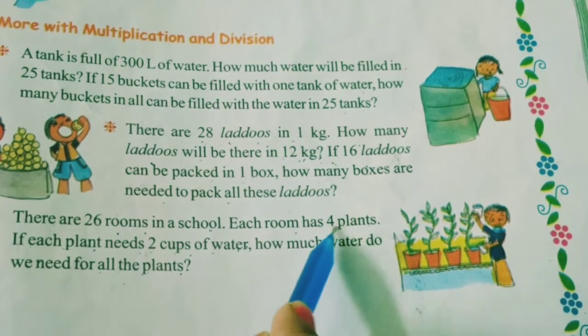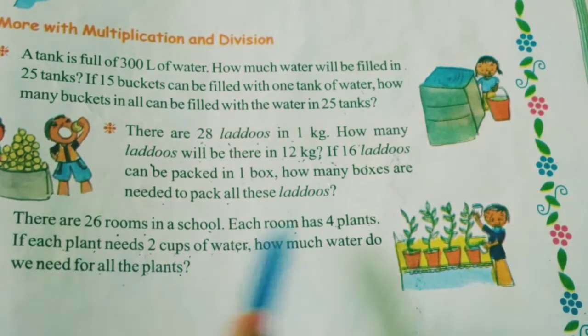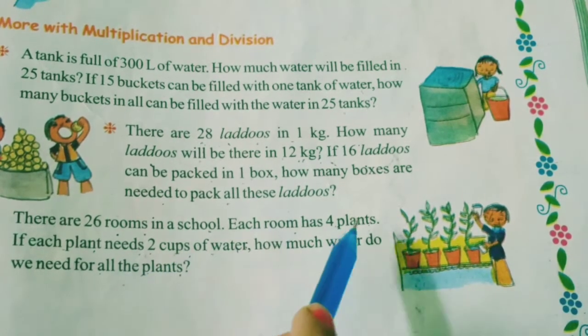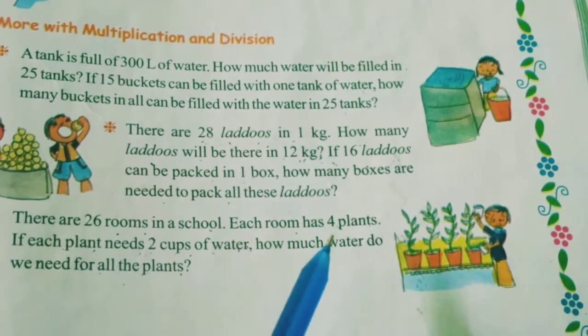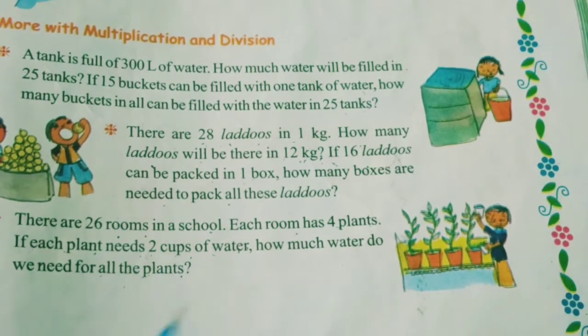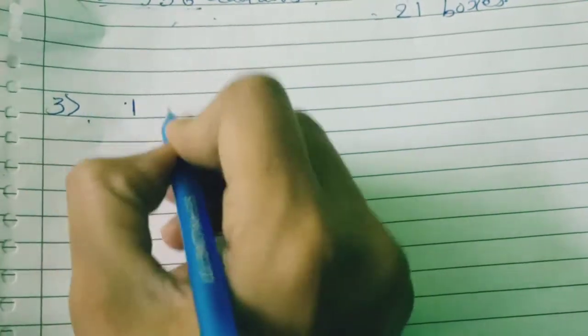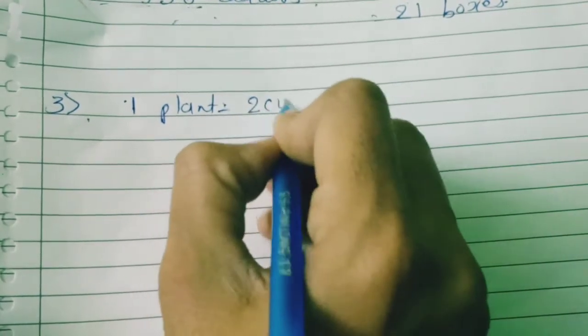So first, each room has 4 plants and each plant needs 2 cups. एक plant को 2 cups चाहिए तो 4 plants को कितने? 4 2s are 8. So एक room के अंदर कितने cups? 8 cups water. So let's write here first: 1 plant is equal to 2 cups.